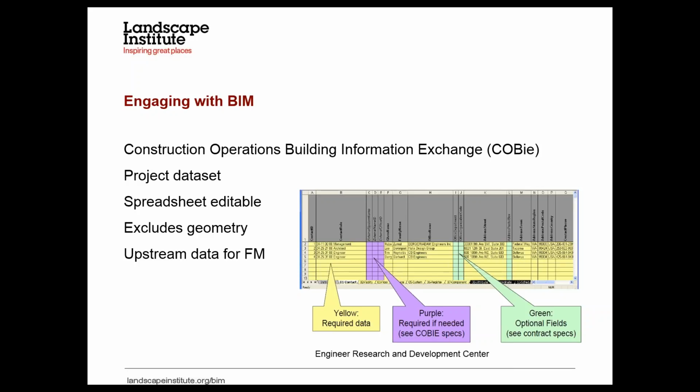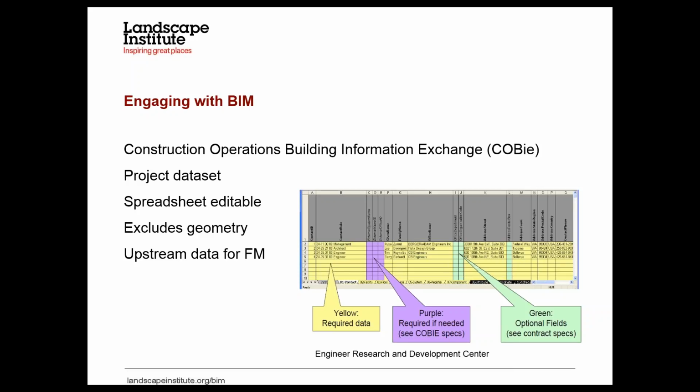But a lot of people get hung up about COBie, and generally, talking to most people implementing BIM, they're not delivering COBie as an output. They're delivering what the client wants as an output to fit into their facilities management project or software or processes.